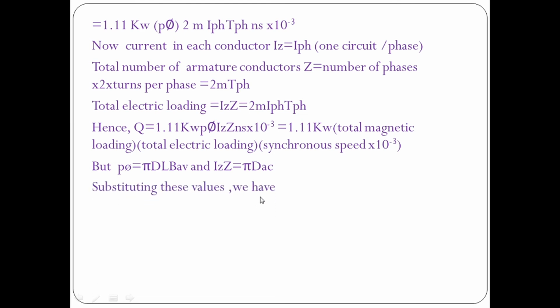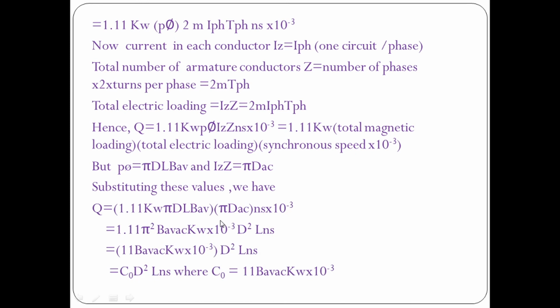So substituting these values, we have Q equal to 1.11 kW, P phi is pi dl into BAV, and Iz into Z is pi d into AC, and ns into 10 to the power minus 3.